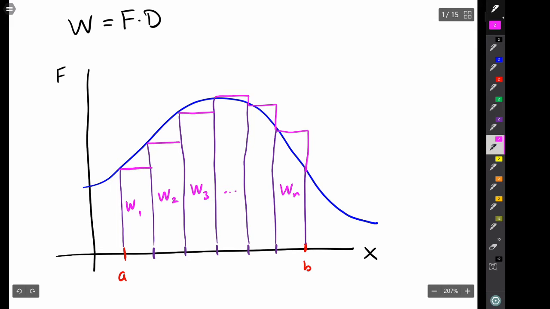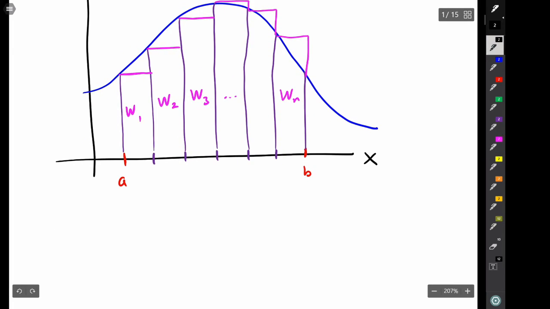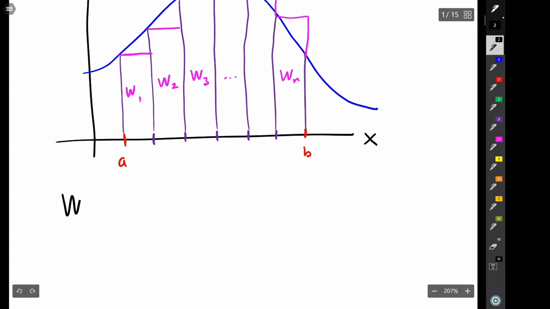Work. So if this looks familiar, it's because it should. The amount of work done is in fact just the area under the curve. So, without getting into all the little details here, let's say, maybe I should write it like this.